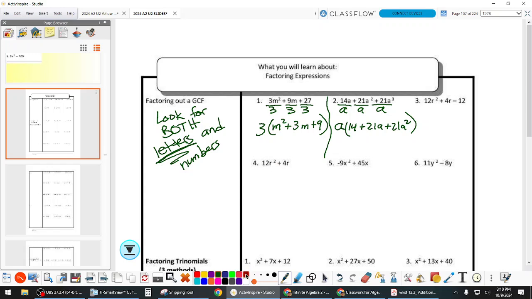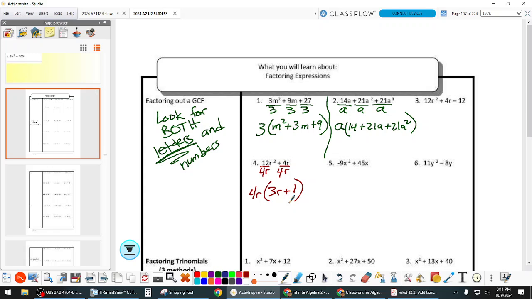Number 4 here has both, and that's probably the more common version. So if I look at just the numbers, I can divide a 4 out. If I look at the letters, I can divide an R out. So I pull that 4R out front, and then we're left with 3R plus 1.